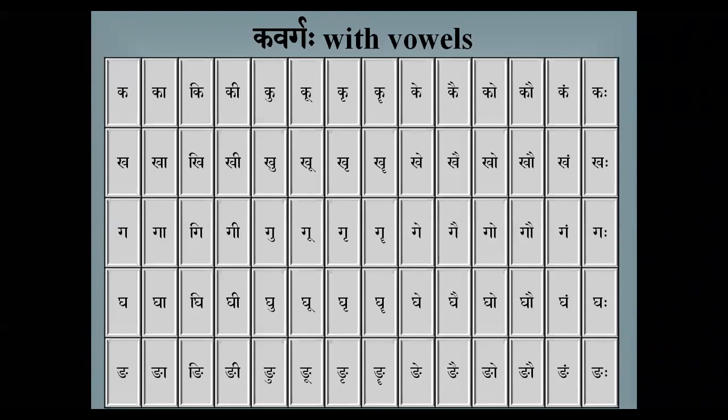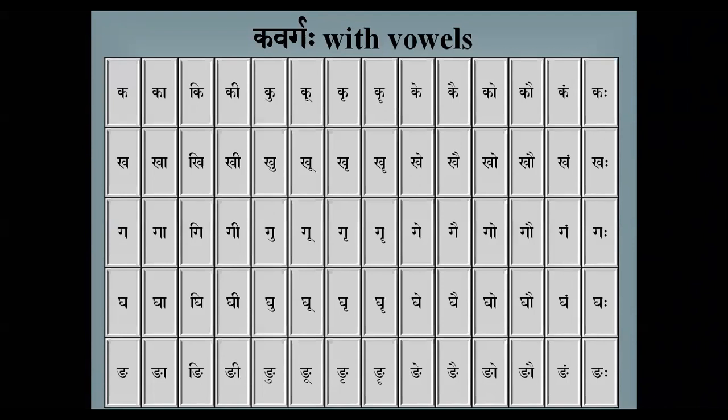Then the fourth letter, Mahaprana, gha, gha, ghi, ghi, ghu, ghu, ghr, ghr, ghe, ghai, gho, ghau, gham, ghaha. And the last letter, nasal. This is a bit difficult. You won't find all the letters in usage, but the combinations are possible.